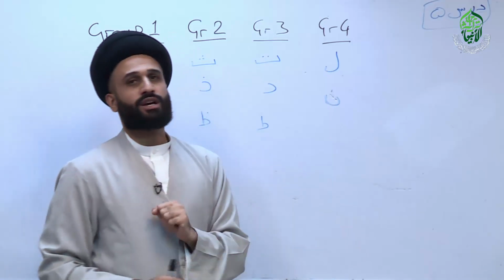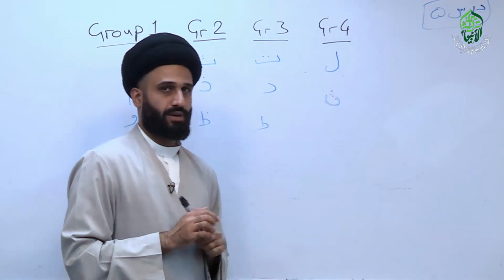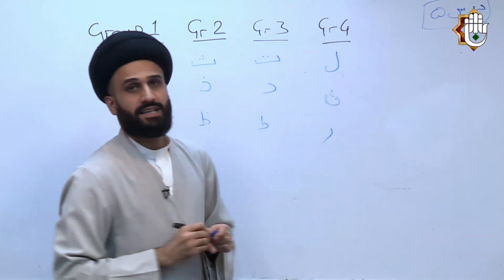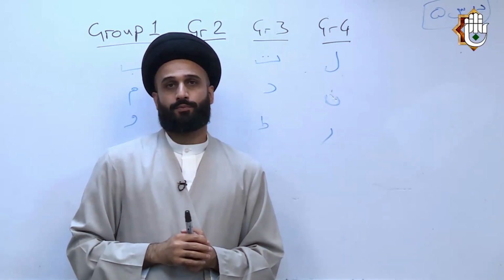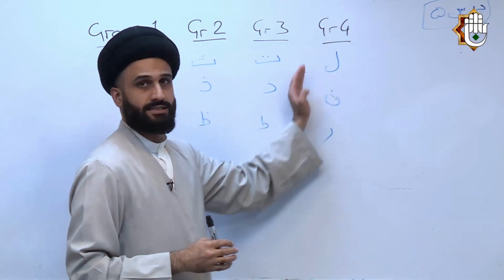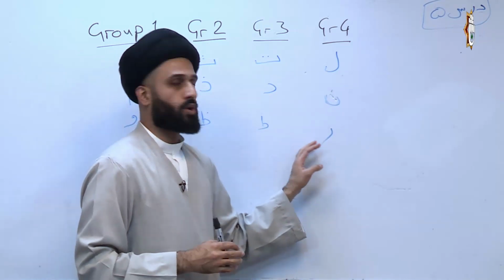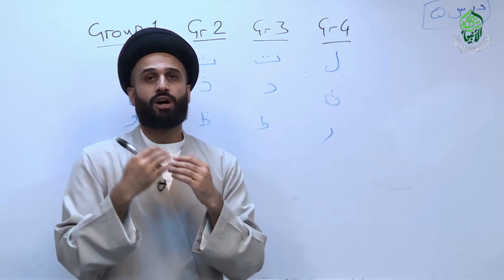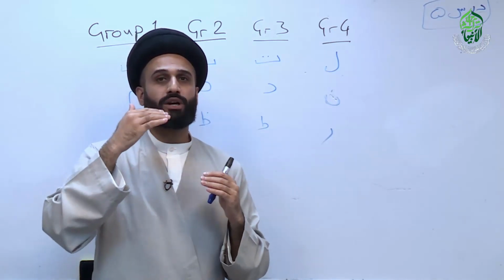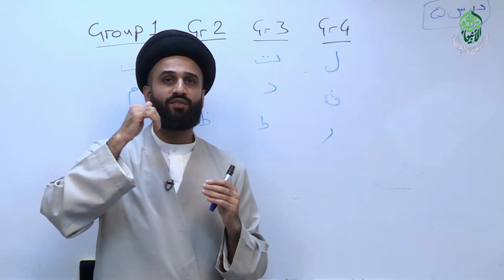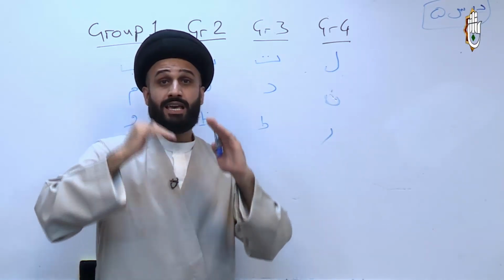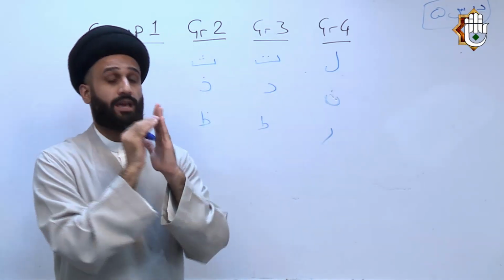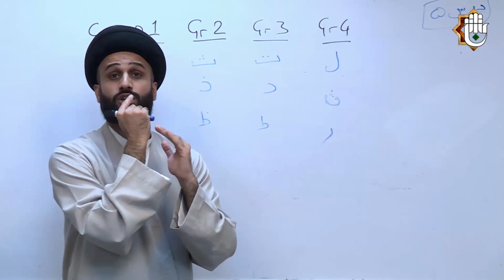Right. There's a third letter that we want to add to this group, and we are all very familiar with this letter. That is the letter Ra. It comes from the same place as Lam and Noon, but the only difference is that you are rolling it. You are rolling the R a bit more and applying more pressure, and it has a vibration. So the tongue is vibrating constantly against the area where it rises up to the top of the gums.